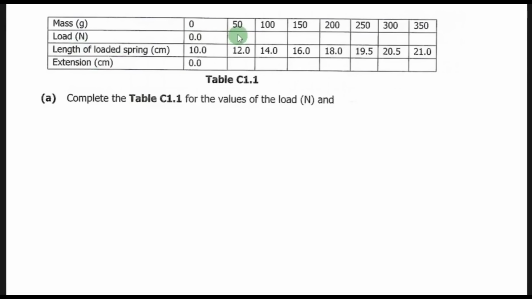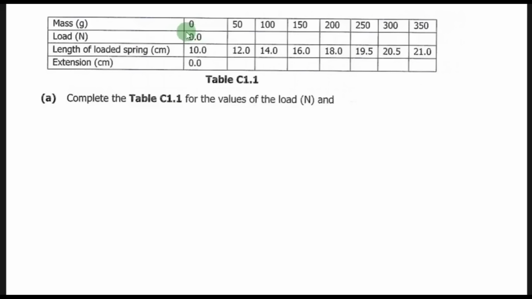So extension works like this. When you put something on the spring it starts to stretch, and it shows the weight of that object. So when they're saying mass on the spring here, the mass here was 0.